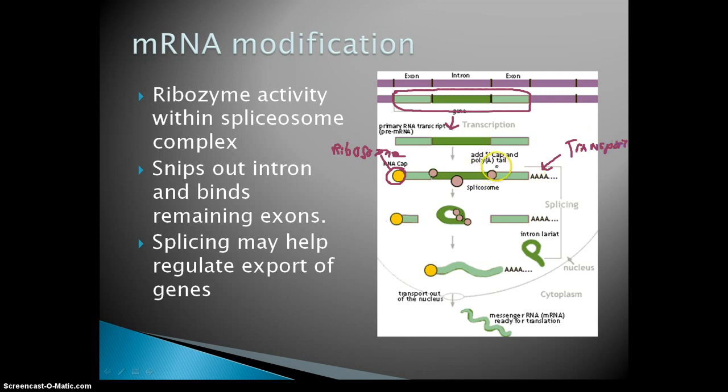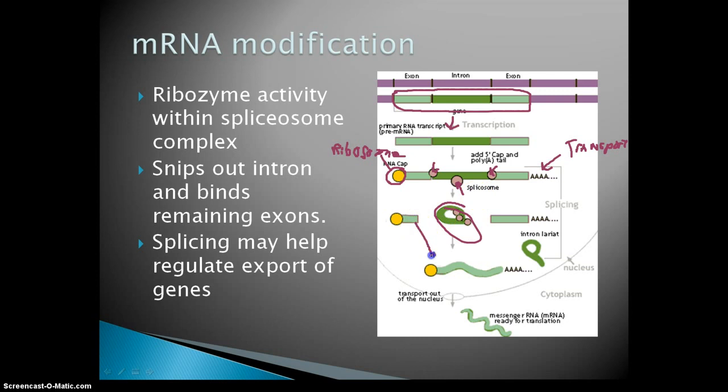And then what happens is you've got these pieces right here, these small purplish circles. They are the small nuclear ribonucleoproteins and the small nuclear RNA that combine to drag this intron out of the space between these exons. This is a spliceosome complex.